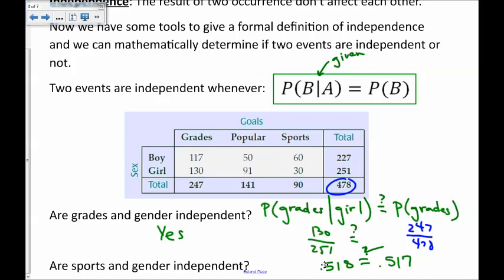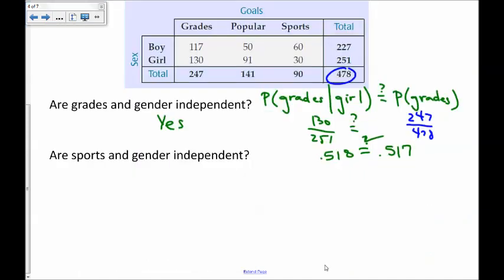Next example. Are sports and gender independent? Again, we will look at the probability of sports given gender, and I'll again pick girl, equal to, question mark, the probability of sports.